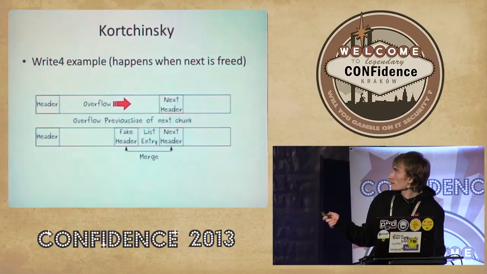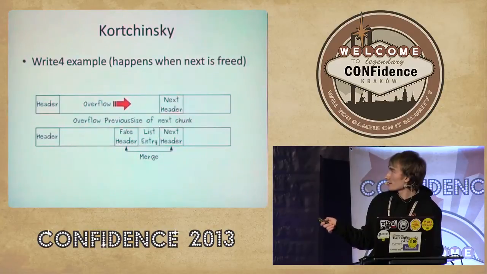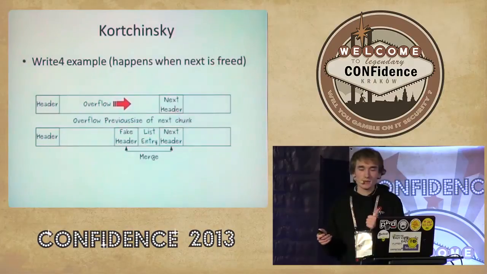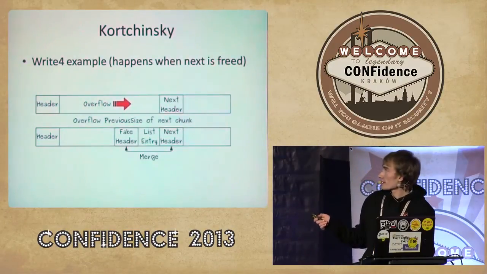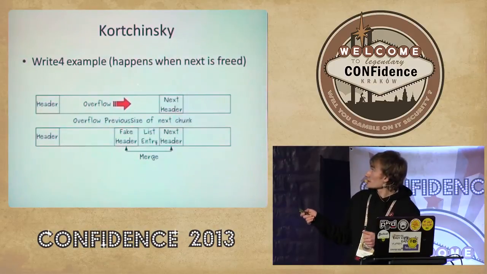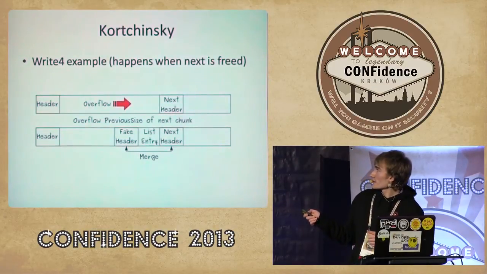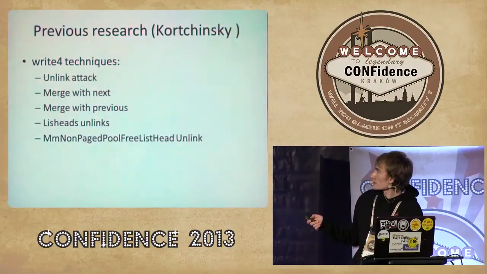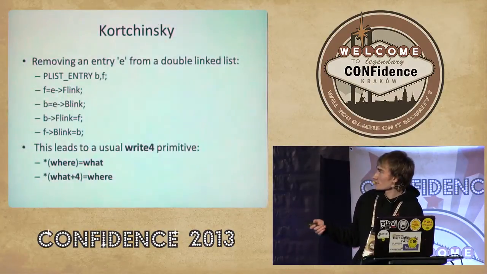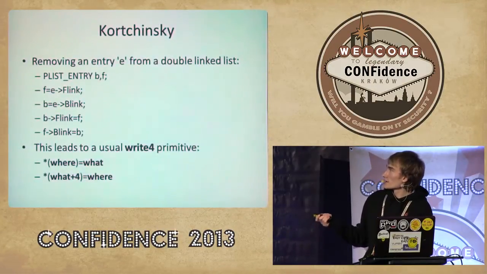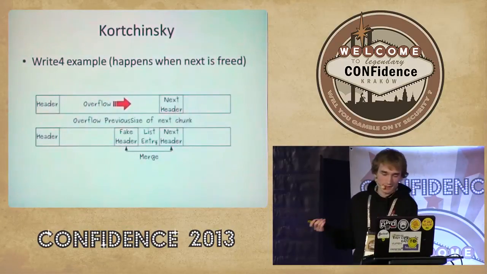You overflow the previous size of the next header, and you fool the allocator so that it thinks that behind that header there is a fake header. And when you free this header, you get this primitive. So you control data and you control address, and it leads to pwn of the system.